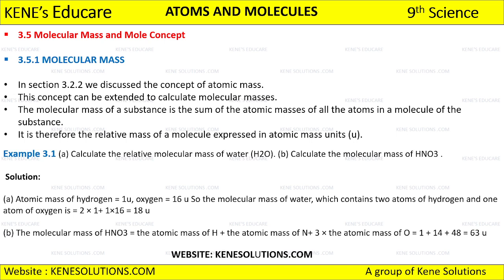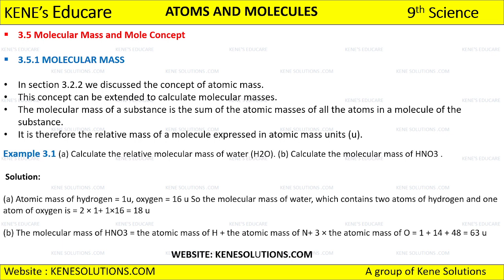Now here we have example 3.1, where we need to calculate the relative molecular mass of water. As I said, to calculate the molecular mass of water, we should know the atomic mass of the constituent or combining elements. Now we know the atomic mass of hydrogen is 1 atomic mass unit, and for oxygen it is 16 atomic mass unit, right?